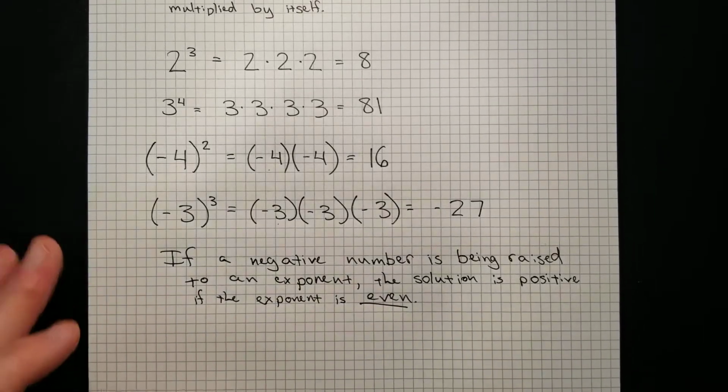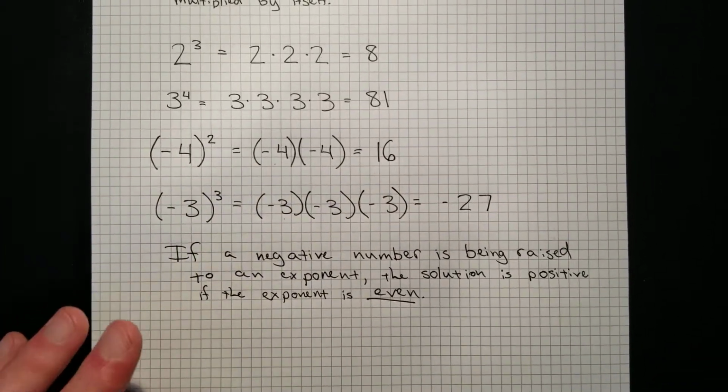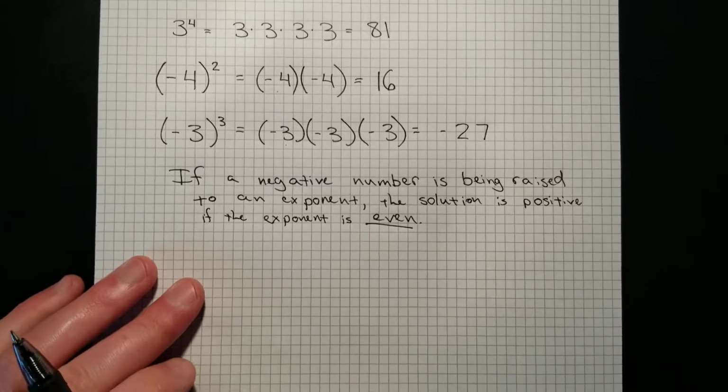And the opposite is also true. If the exponent is odd, then our answer is going to be negative. And I'll show you an example of that.